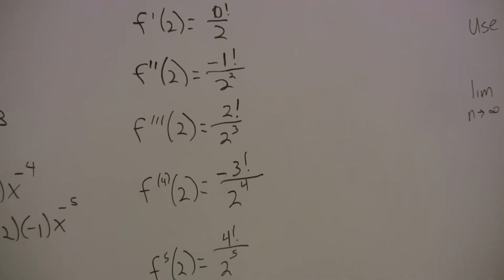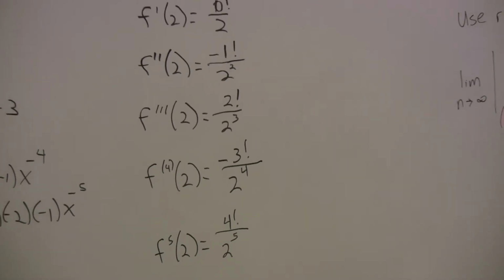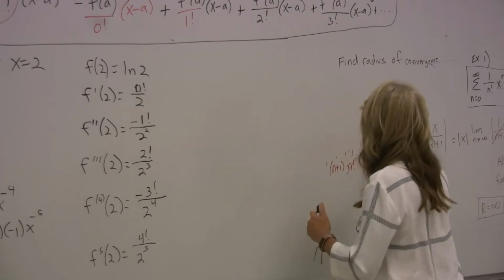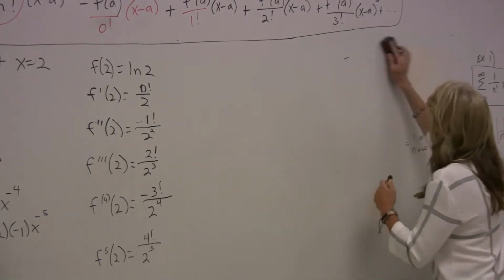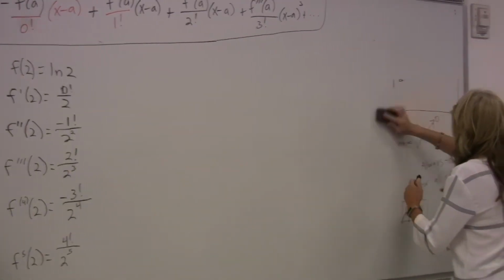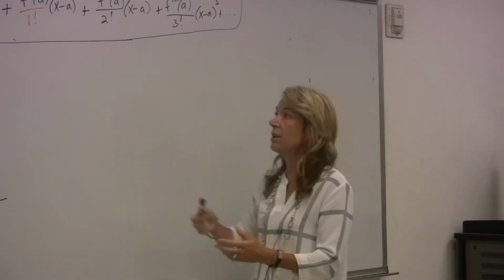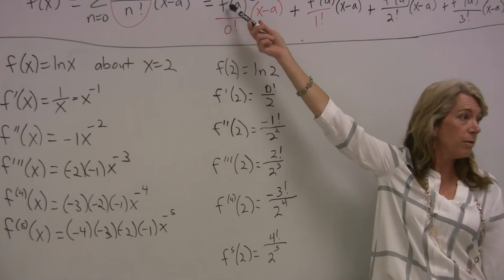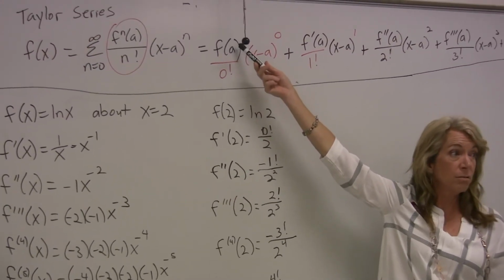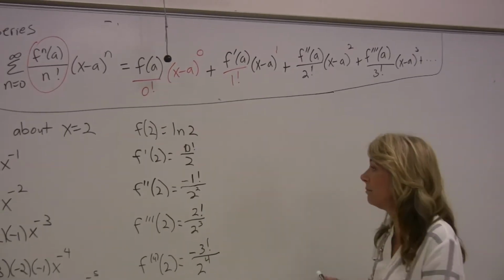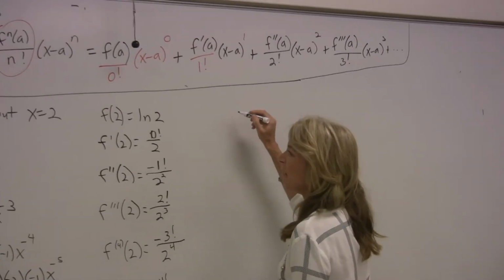Okay there? So now, I think we're ready to make our Taylor series. Here we go. Taylor series. I start with the 0th derivative, which is the original function. So what was my original function?